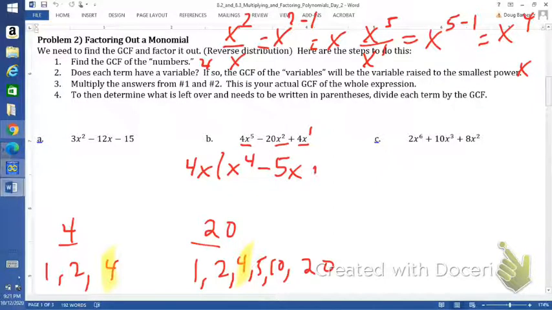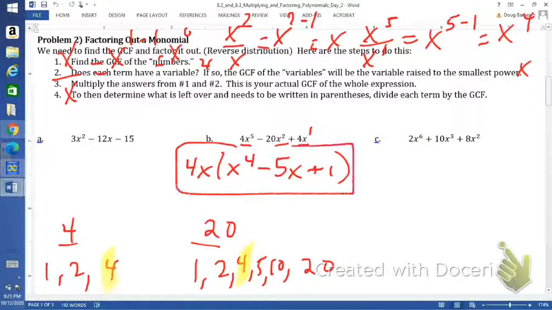Well, 4 divided by 4 is 1. And x divided by x is x to the 1 minus 1, so x to the 0. Anything raised to the 0 power is 1, so 1 times 1 is 1. There's your answer.